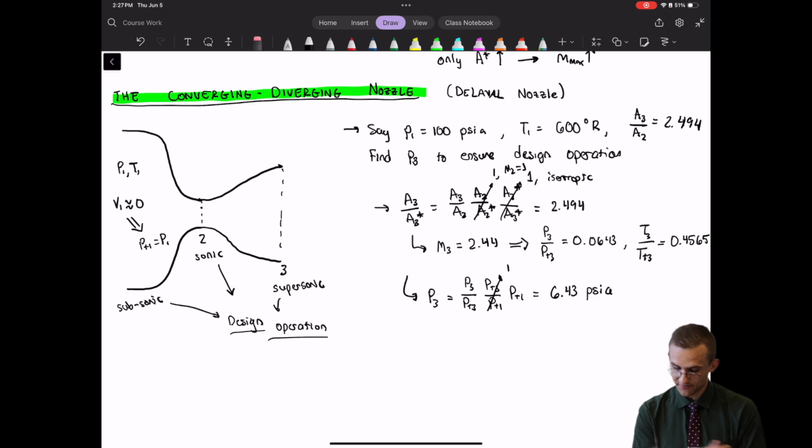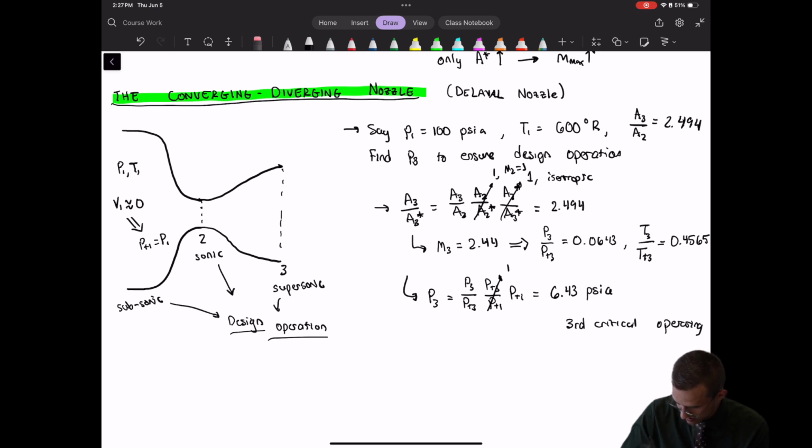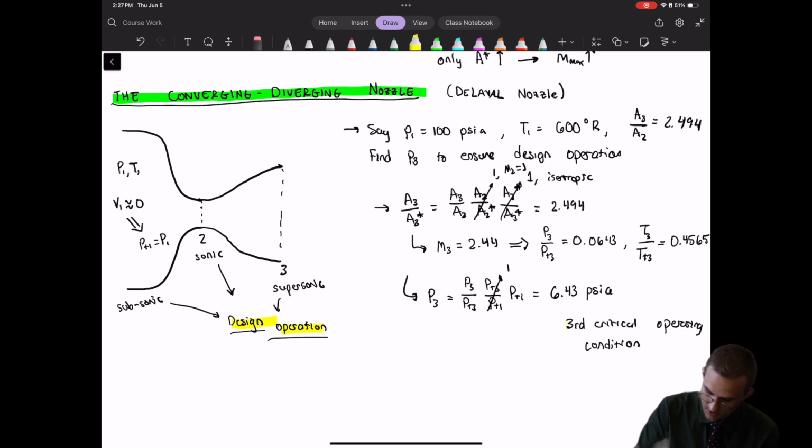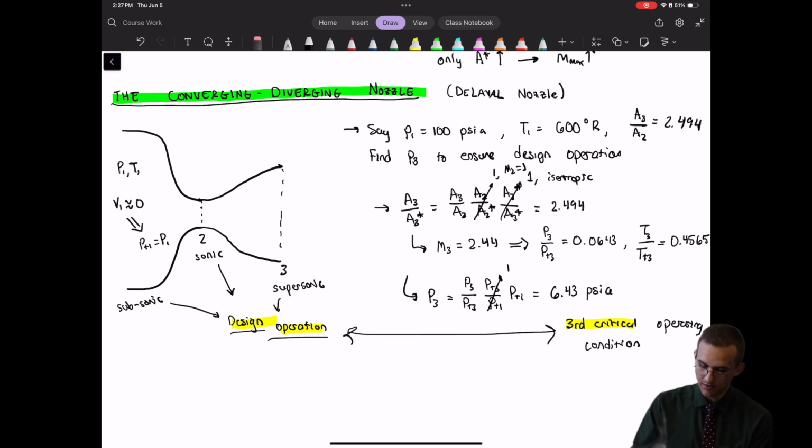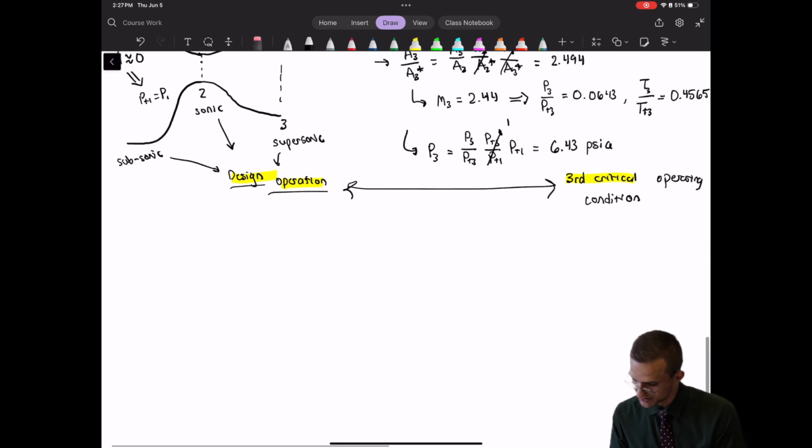And this is referred to as the third critical. Okay, so design operation and third critical mean the same thing. They're interchangeable.